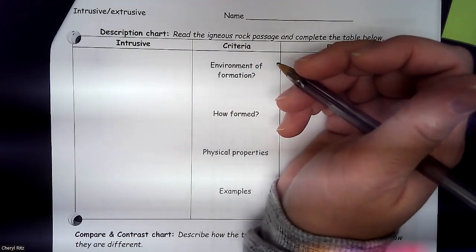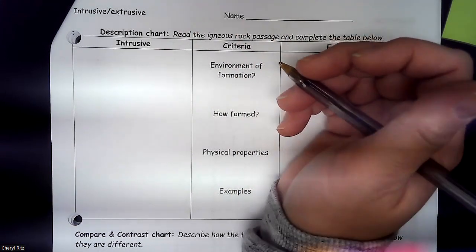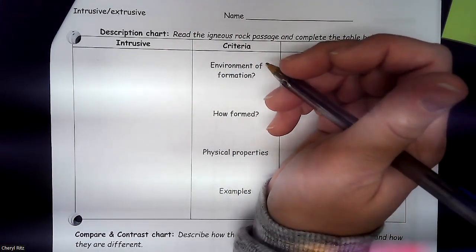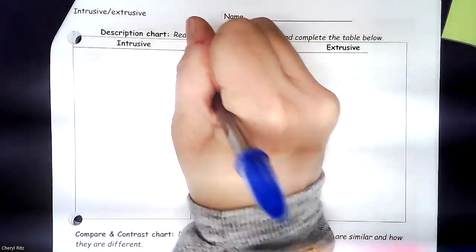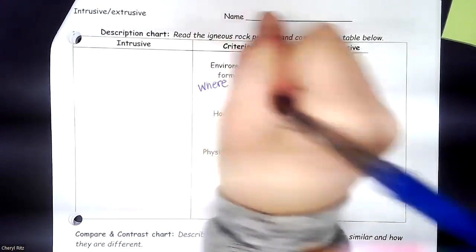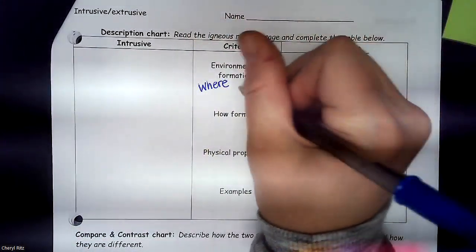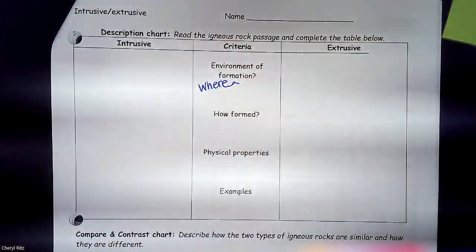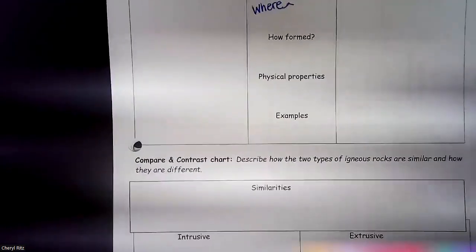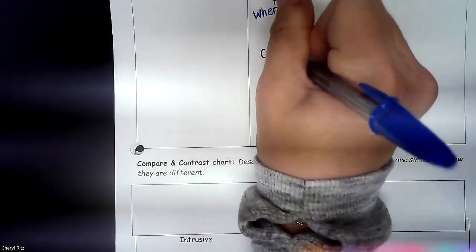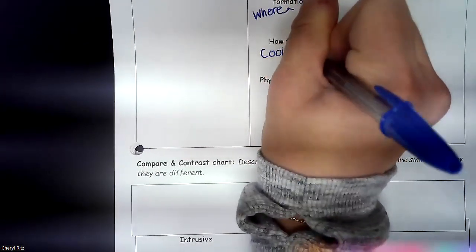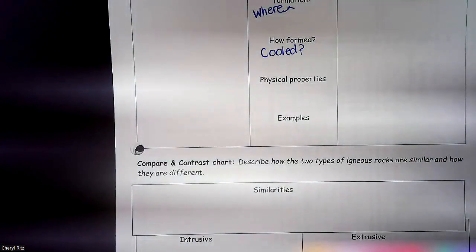I'm really just asking where they formed, and how they formed. Since we're talking about igneous rocks, I want to know how they cooled. So in the reading, it'll tell you how they cooled.